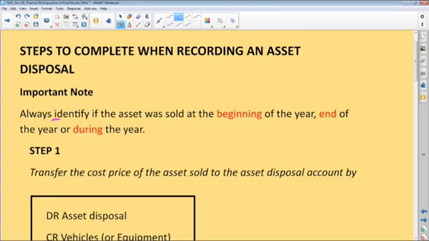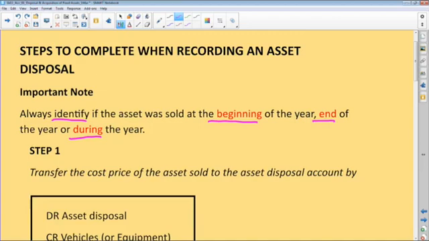In other words, always identify if the asset was sold at the beginning of the year, at the end of the year, or during the year? Because you're going to find that the steps will change depending on when the asset is sold.